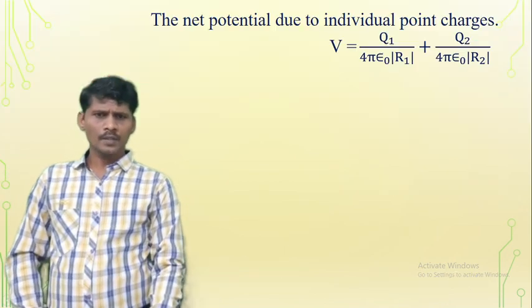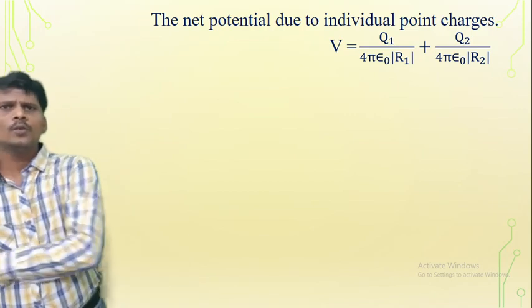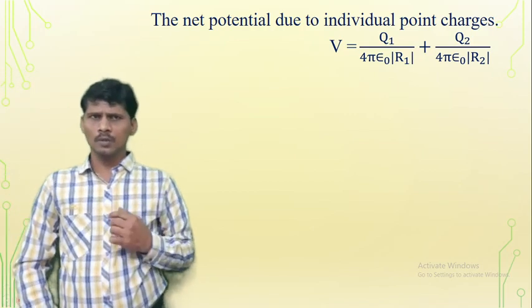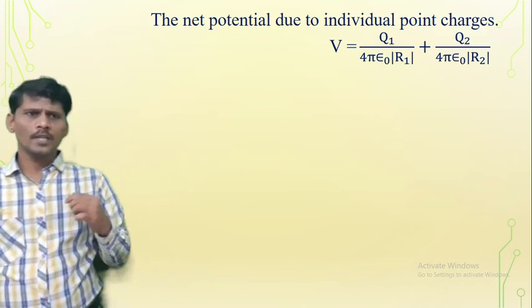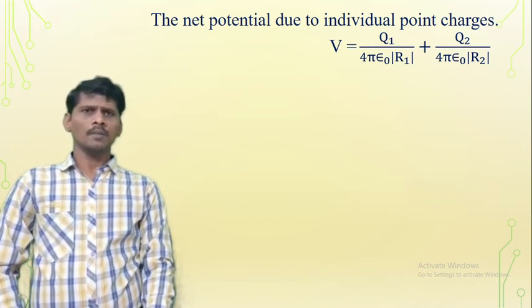So the net potential at 1, 0, 1 is V is equal to Q1 by 4 pi epsilon naught R1 plus Q2 by 4 pi epsilon naught R2. So first calculate the magnitude of R1 and the magnitude of R2.